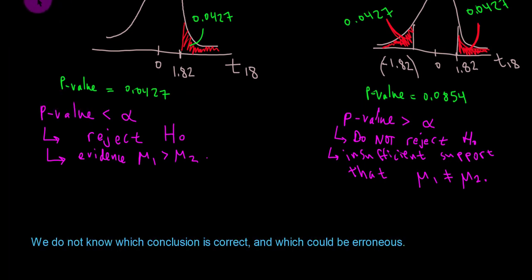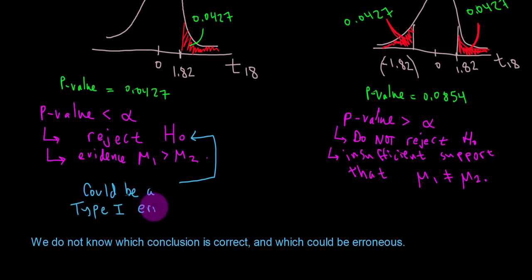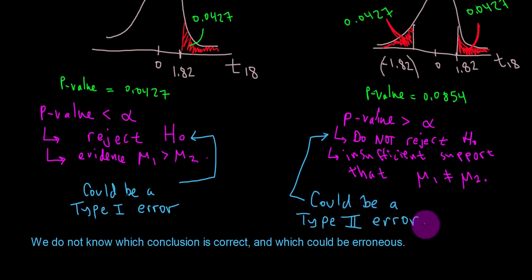If an error was made, the scenario on the left, because this resulted in a rejection of the null hypothesis, this could be a type 1 error. We don't know though. The scenario on the right here, because the conclusion was a non-rejection, this could be a type 2 error, but we don't know.